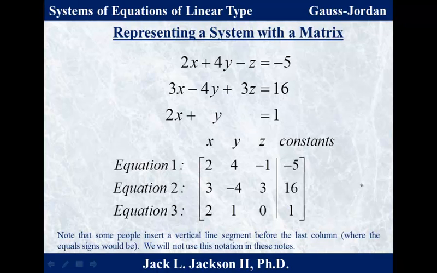Now some people will go ahead and insert a little vertical line in the matrix right here, separating basically where the equals go, separating the constants from the coefficients. This is pretty commonplace, but there's not any real advantage to having it there. So I'm going to leave that out in the notation that we have here. You'll see a lot of people have that in the way they write these.